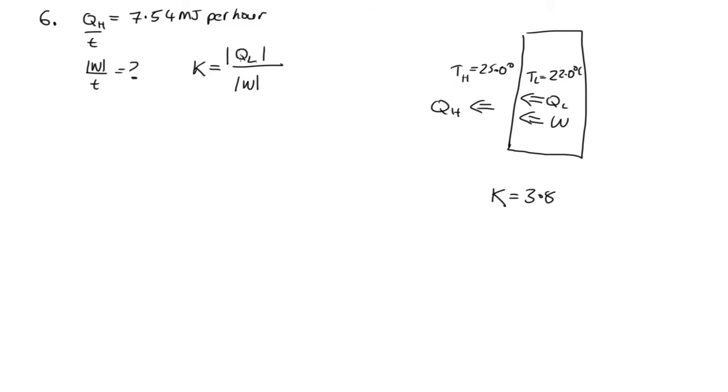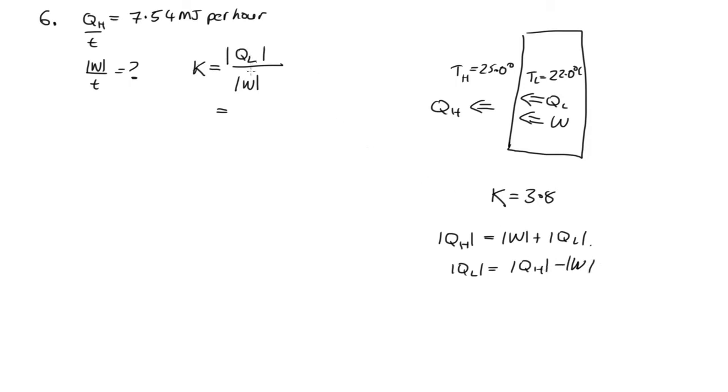What we want to do is get QL in terms of QH, which is what we know, so that we can use this equation. So looking at this figure, we can see that QH, that's the heat pumped out of the building, is equal to the work done plus the heat absorbed from the building. So we can rearrange this because this tells us that QL is equal to QH minus W.